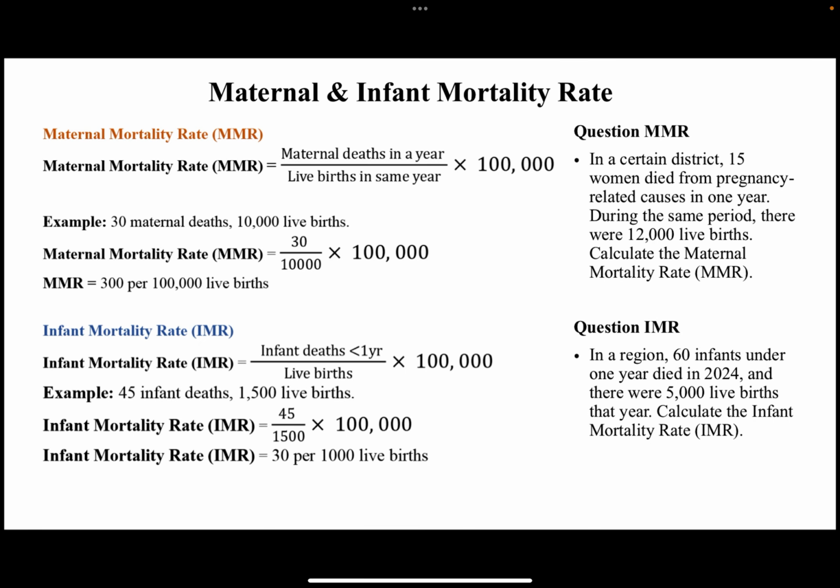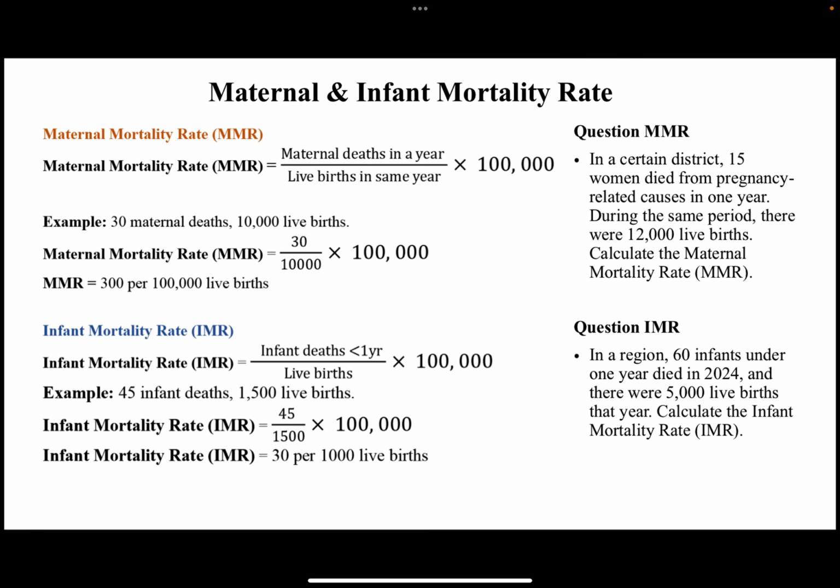The infant mortality rate will be 45 over 1,500, then you multiply by 100,000.